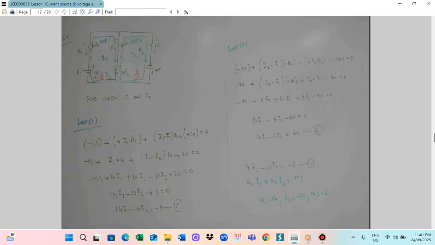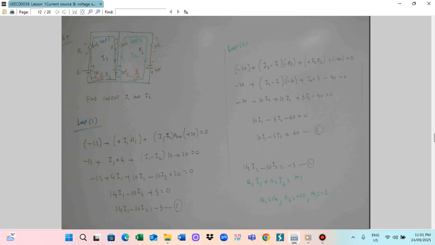So then you solve this one. That is minus 15 plus 4I1 plus 10I1 minus 10I2 plus 20 equal to 0. So I1 plus I1 minus I2 into R3.